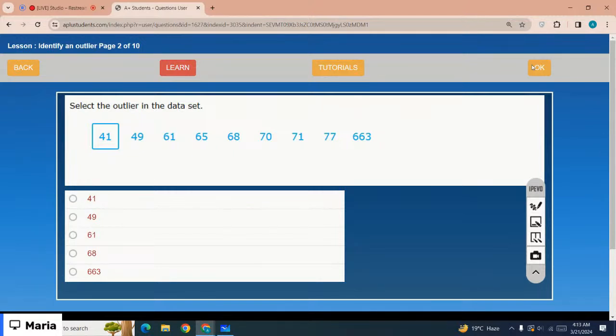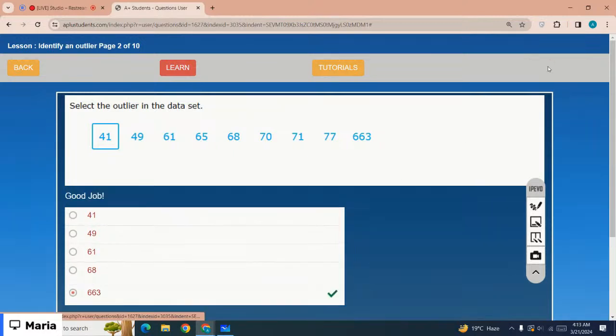That is 663, the outlier, right? Because that is the greatest number among the others. The other ones are just two-digit numbers, so 763 is the outlier. Sorry, 663 is the outlier.